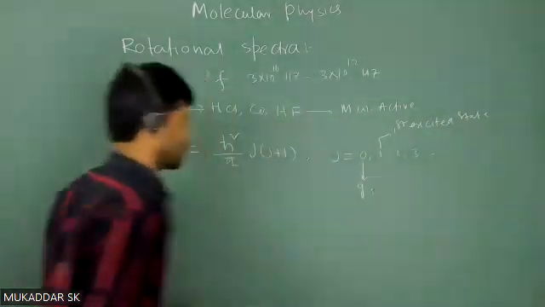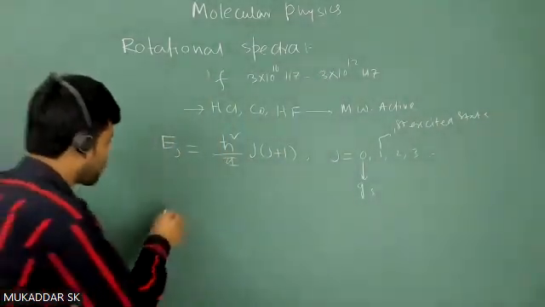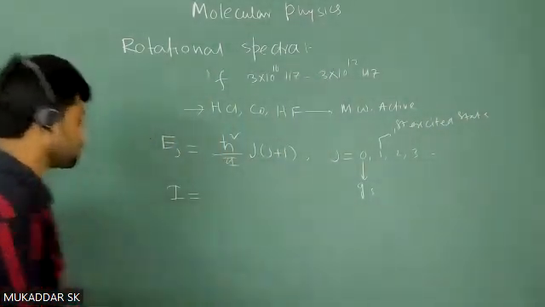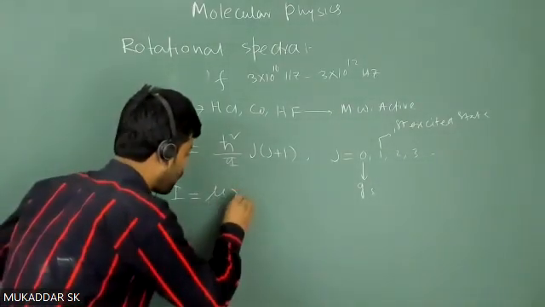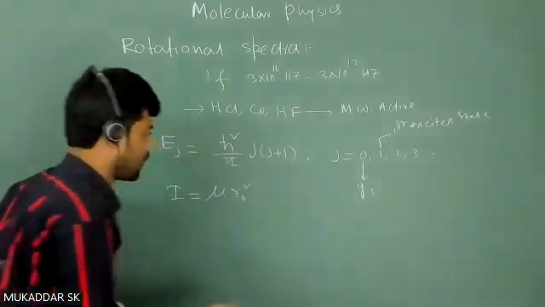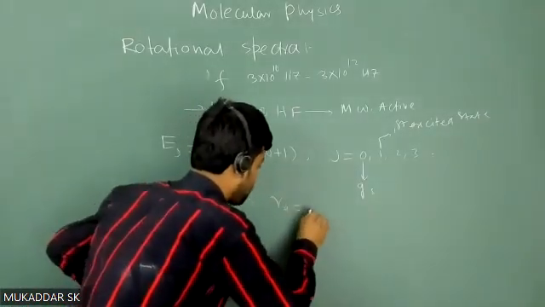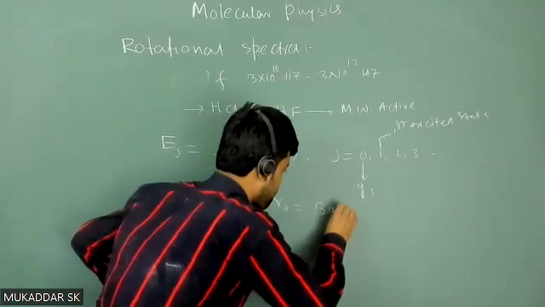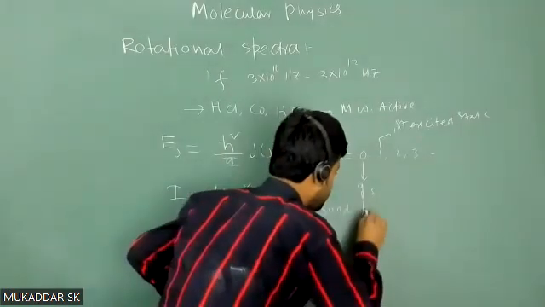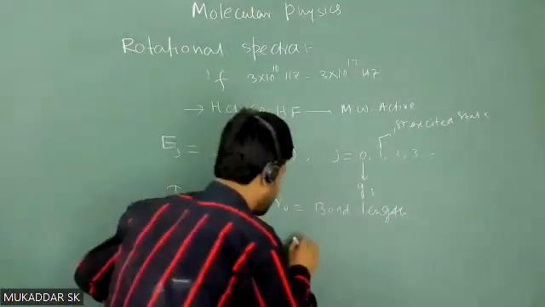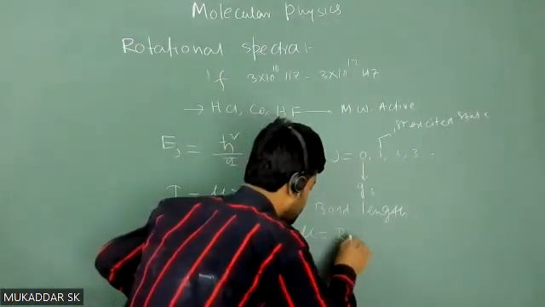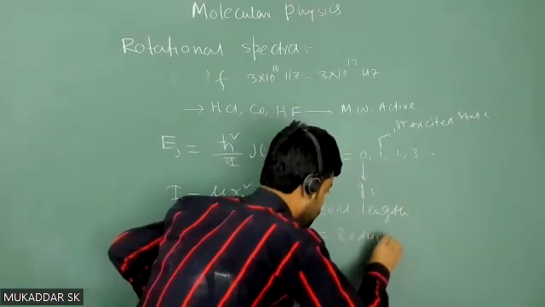And I is called the moment of inertia. I is equal to mu into R naught square, where R naught is the bond length and mu is the reduced mass of the molecule.